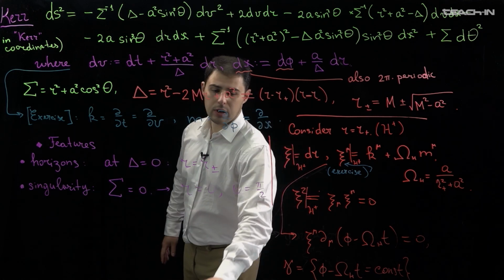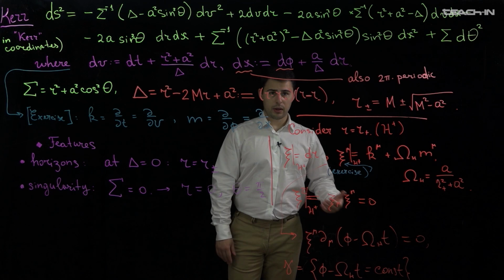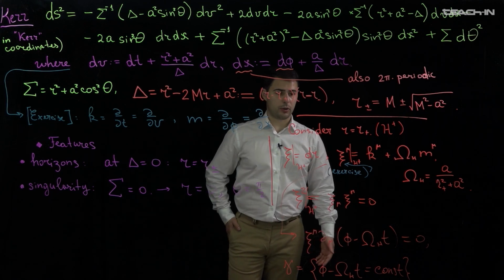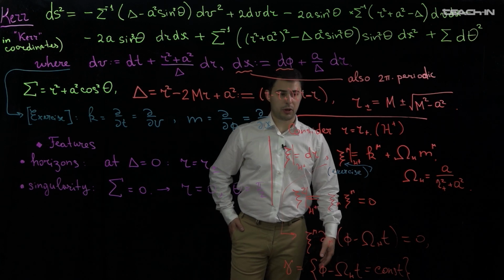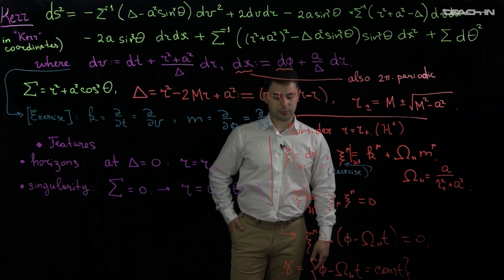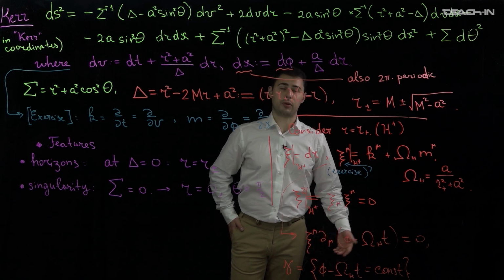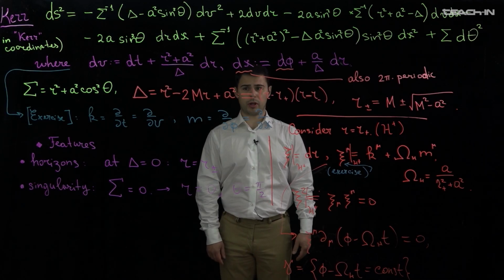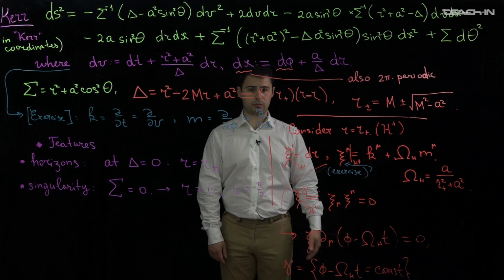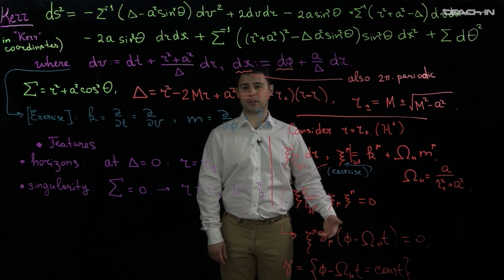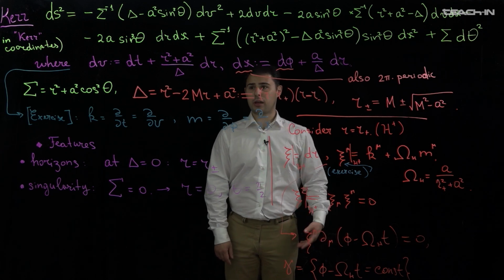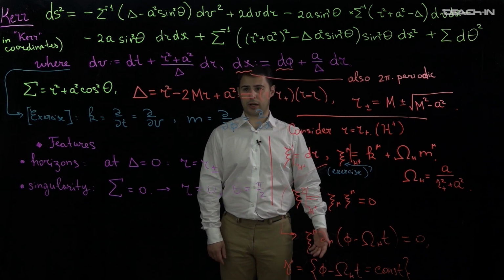Therefore the curve is effectively rotating with the angular velocity given by omega h, rotating with respect to the asymptotic observer. This therefore allows us to call this black hole a rotating black hole, because we of course identify ourselves with the asymptotic observers.